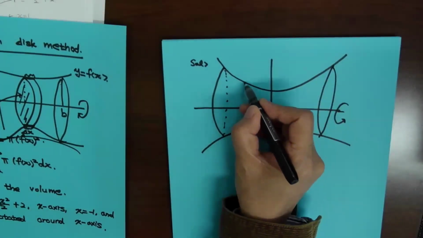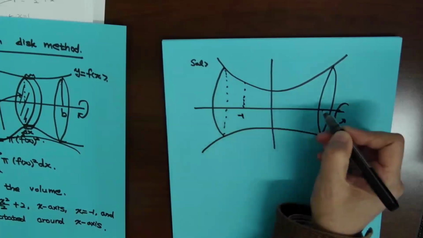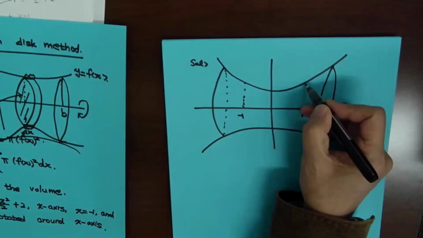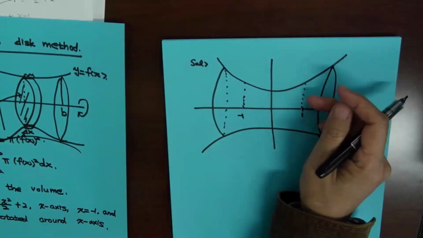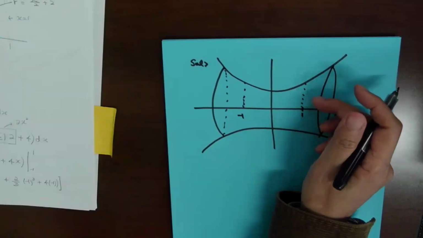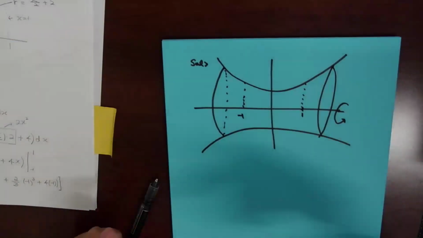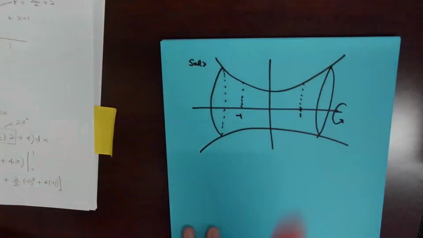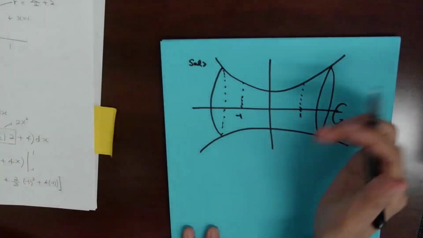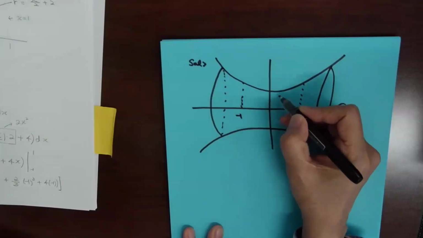And this one is -1, and this is 1. And we rotate the object, and we're dissecting the object in this way.